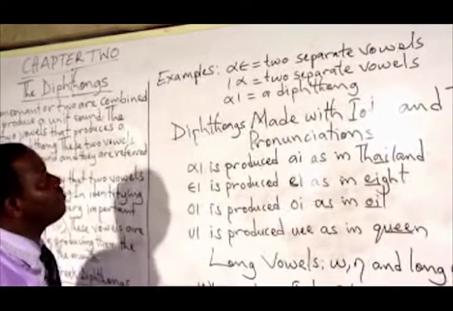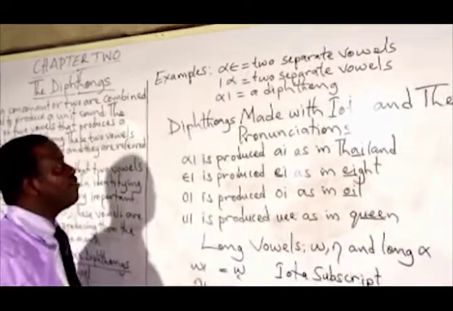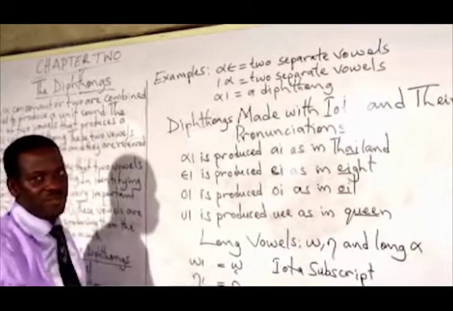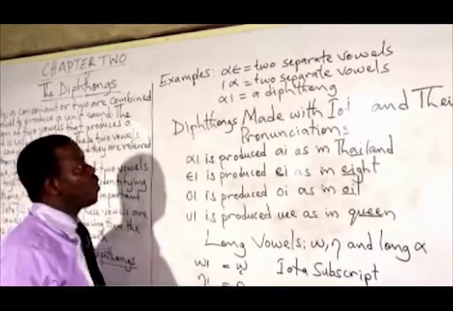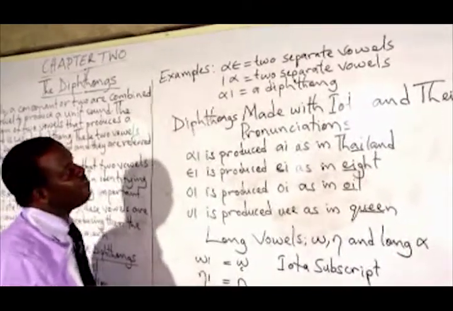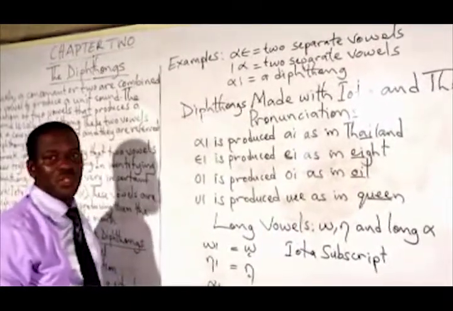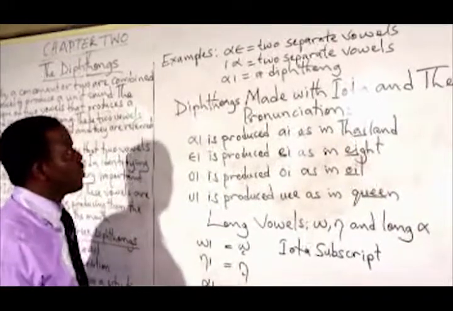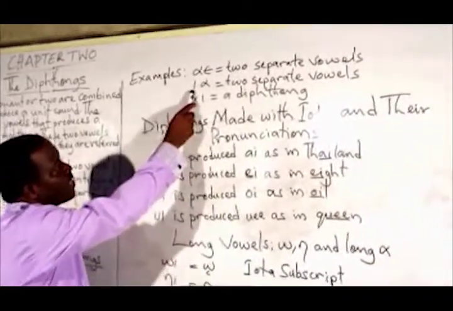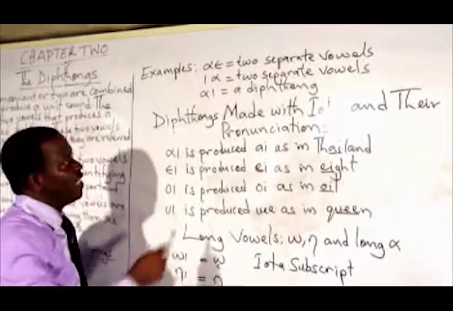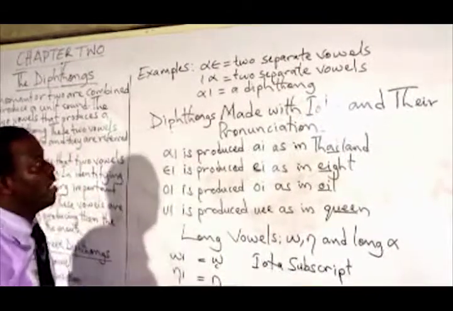We have a high vowel there, but the high vowel is first in position. And the second rule of identifying Greek diphthongs says that the high vowel must be second in position. So because the high vowel, iota, is first in position, then we have 2 separate vowels.